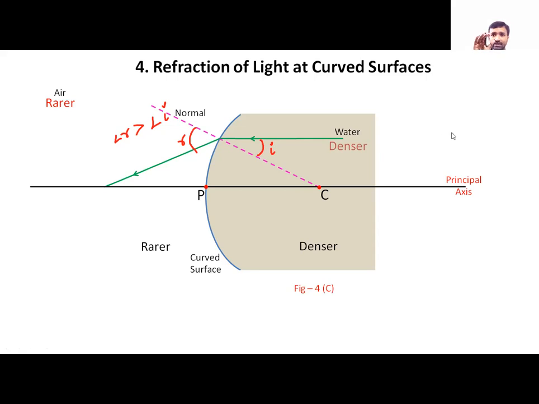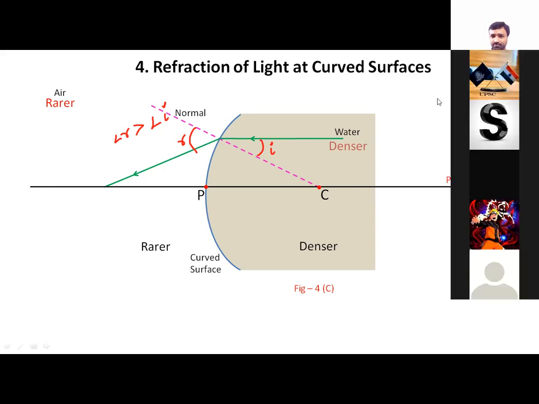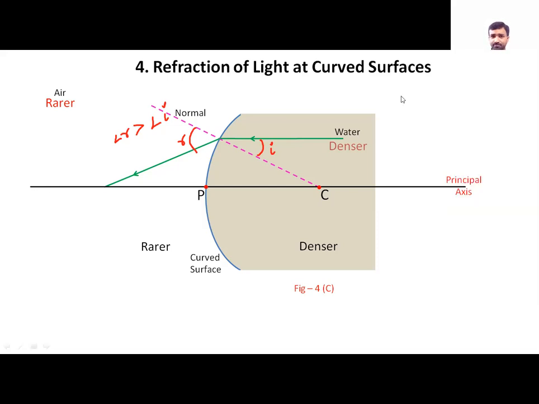I'm getting it directly if I follow the logic: rarer to denser, towards the normal; denser to rarer, away from the normal. That simple logic helps me in drawing this behavior of light rays parallel to the principal axis. Are you clear? Any diagram you can draw by using this simple logic, bends towards or away. That's it. No need to think about it, no need to learn them by heart.